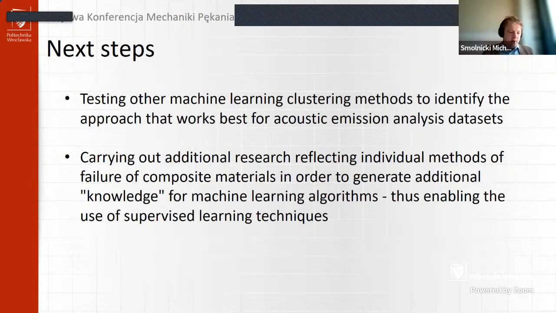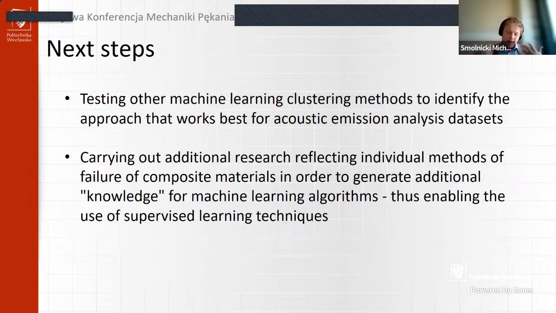I see a very important step to be done, and we need to first have some a priori knowledge of the clustering, which I think we can obtain by doing experiments on a single mode of damage. So we have something to compare, because now we get the groups, but we don't know which group is which cause.